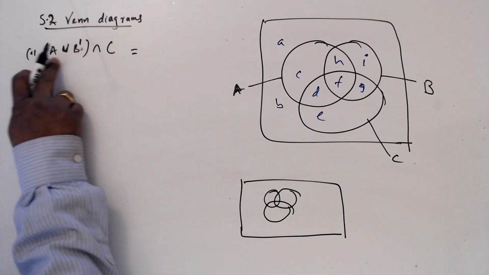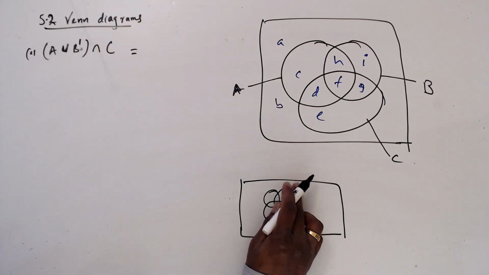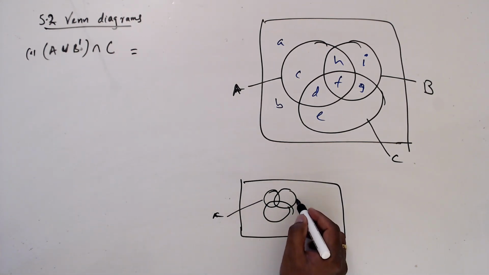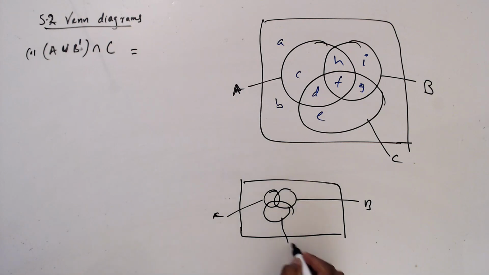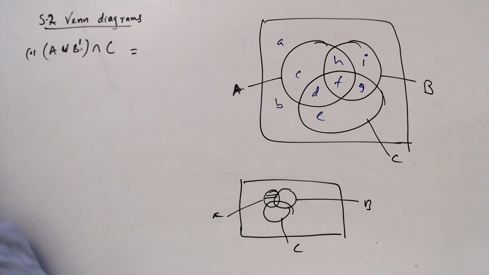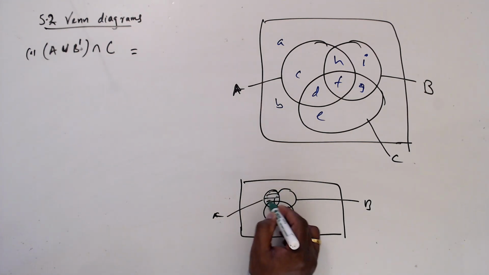We are using the same pattern. This is A, this is B, and this is C. So we will color this one, A union B dash.